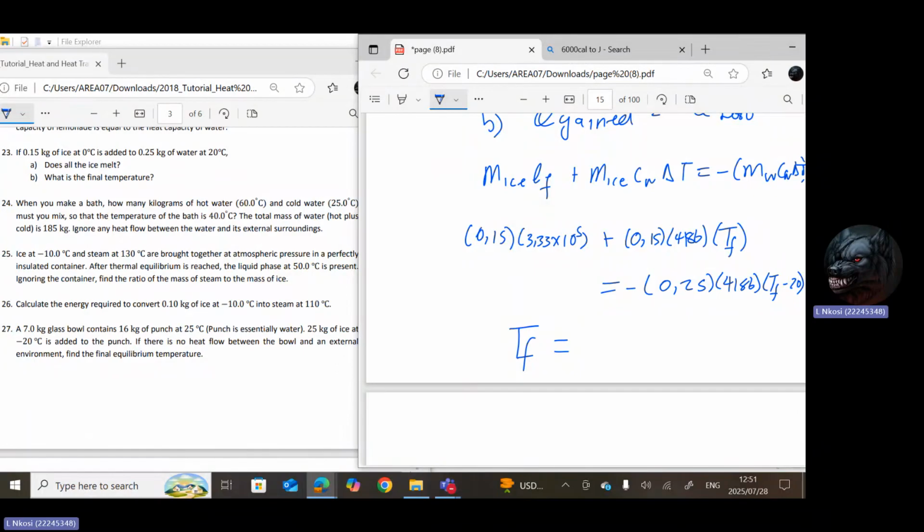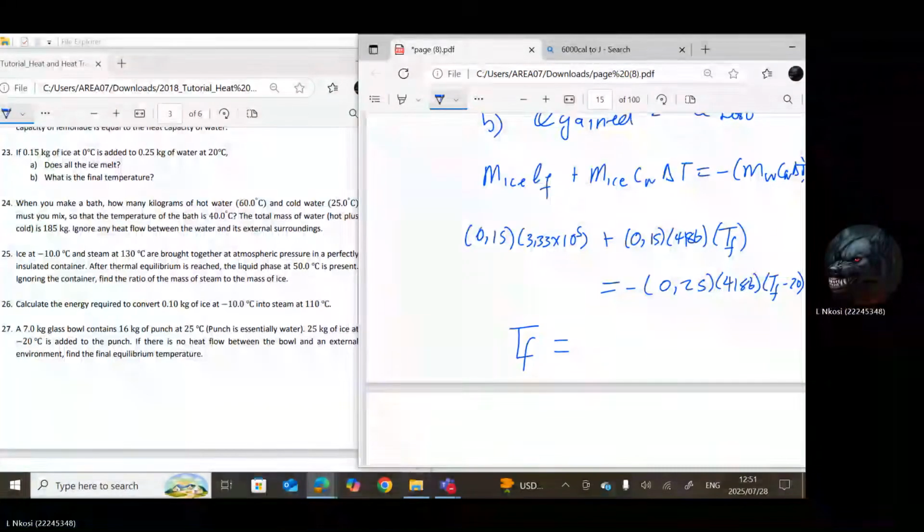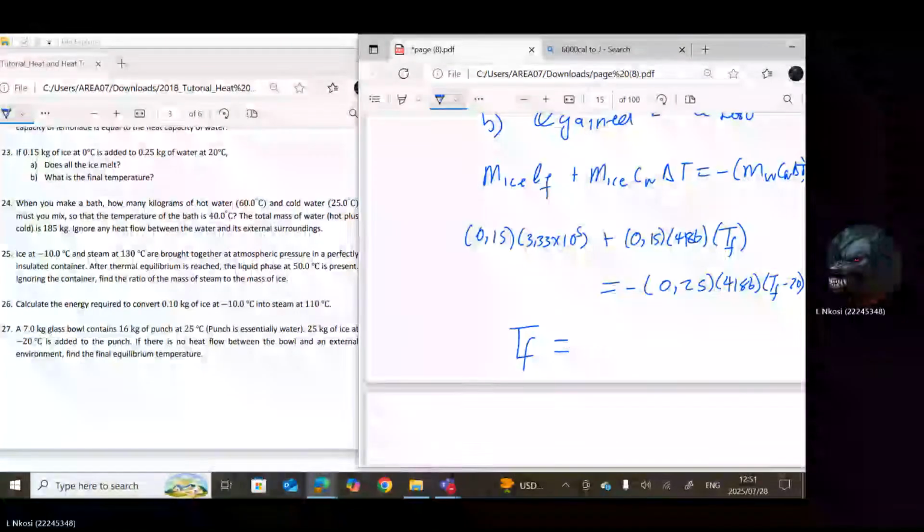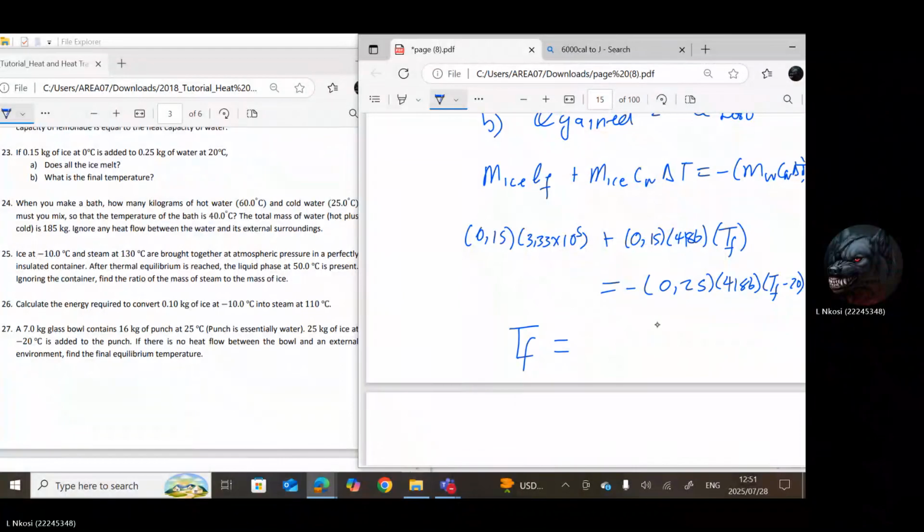So let us see what you get when you solve for TF. I want to see what your final thing would look like. We can divide and multiply inside, I mean.